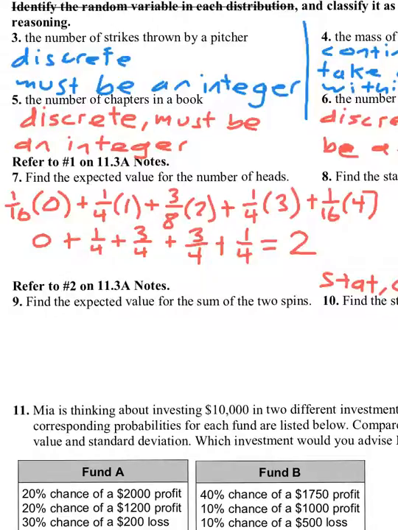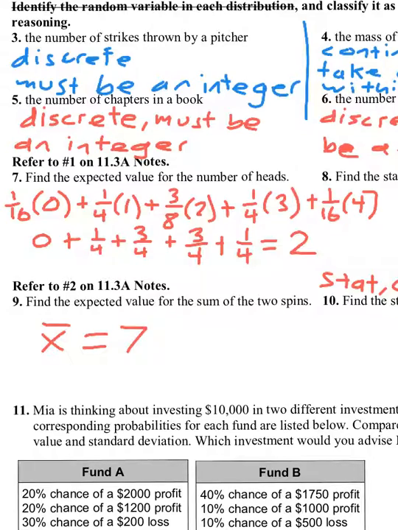Alright, so now I'm going to do this one on the calculator, not by hand, like on number 7. I go to Stat, Calc, 1-Var Stats, L1, L2, Calculate. And so I get the expected value, which is written with this variable, x with the bar over it, equals 7.